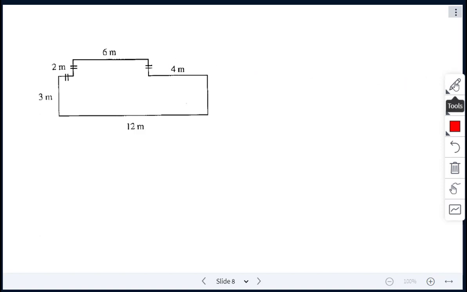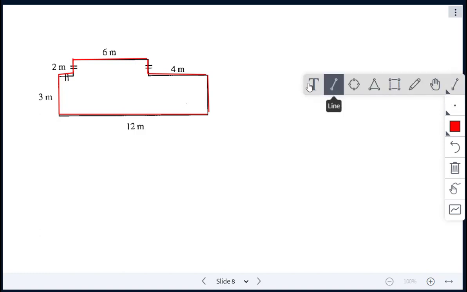We know from here to here is 6, then from here to here is 2, then here to here is 2, then 3, this is 12, and this has to be 3, because from here to here is 2, so this has to be 3 meters, and then lastly we have the 4 meters.